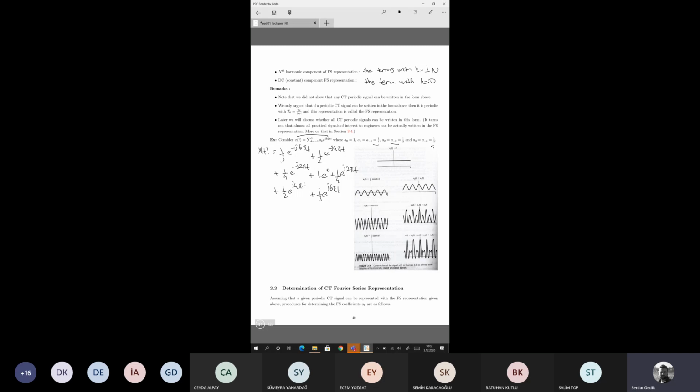So I have those terms. Now I will rearrange them. First, I have the DC term, then 1/4 in parentheses e to the power j2 pi t plus e to the power minus j2 pi t, plus 1/2 e to the power j4 pi t.